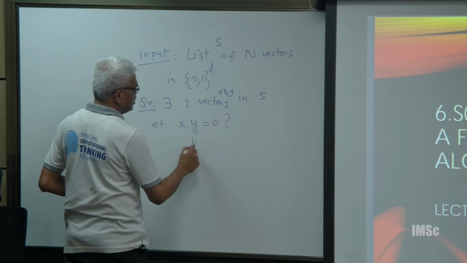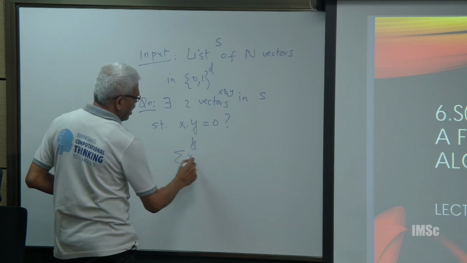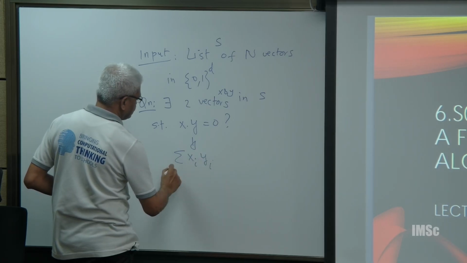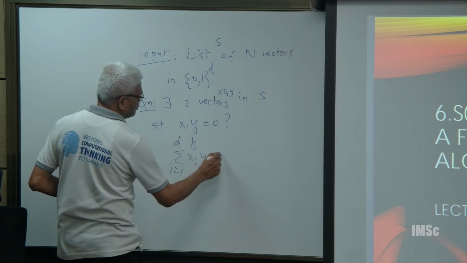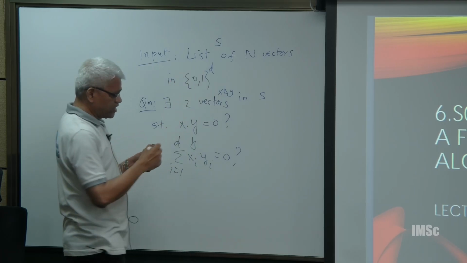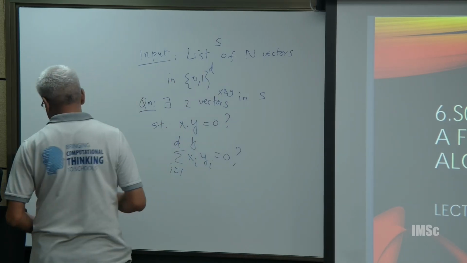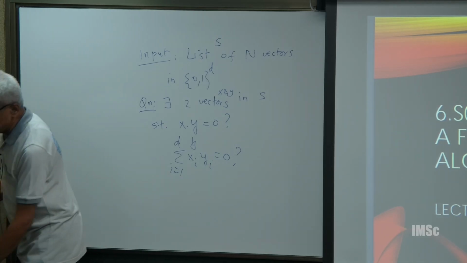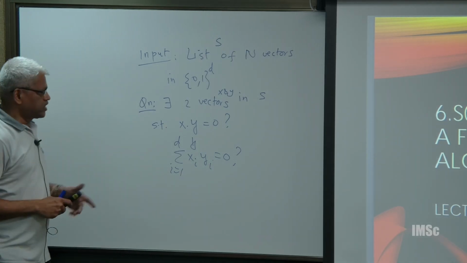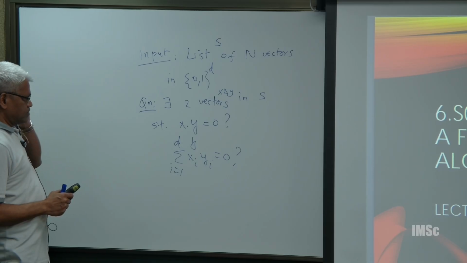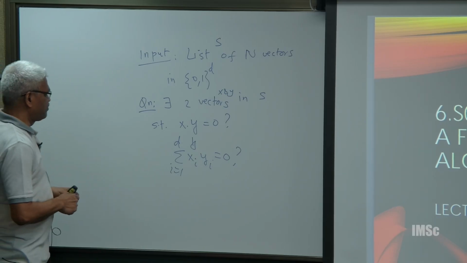And what is the inner product? This is summation x_i times y_i. These are binary vectors anyway. So, the question we are interested in is, are there two vectors in this list whose inner product is 0?